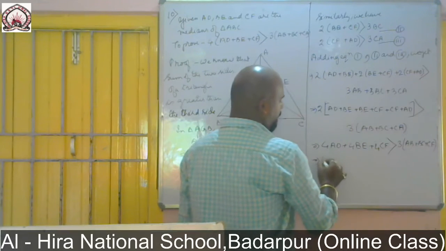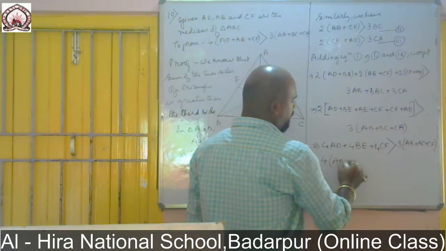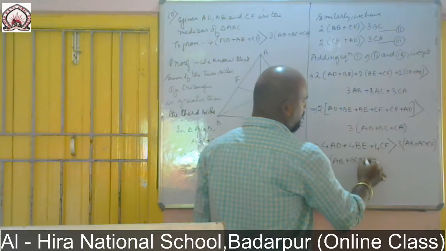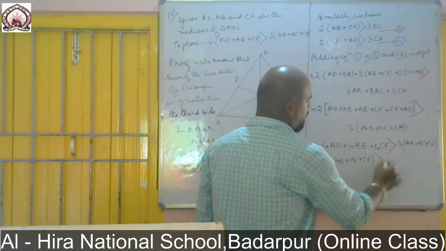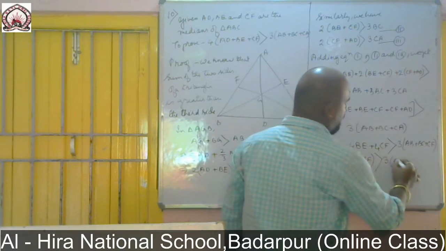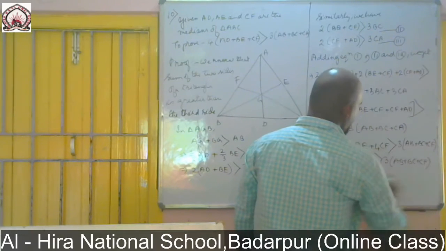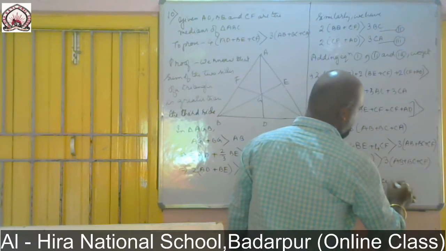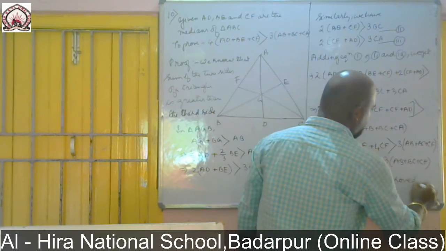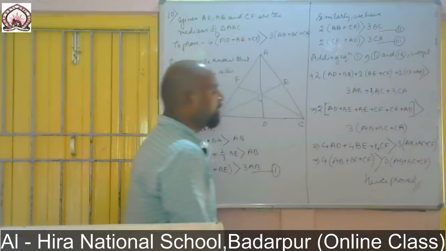Now, if I take 4 common, then AB plus BC plus CF is greater than 3 times of AB plus BC plus CF. Hence, proved.